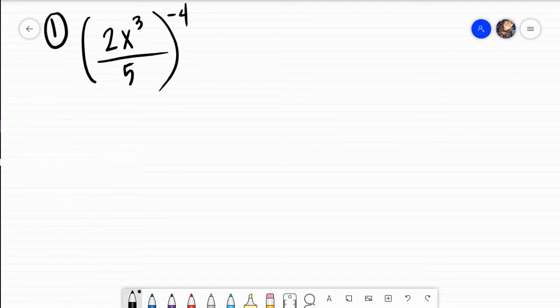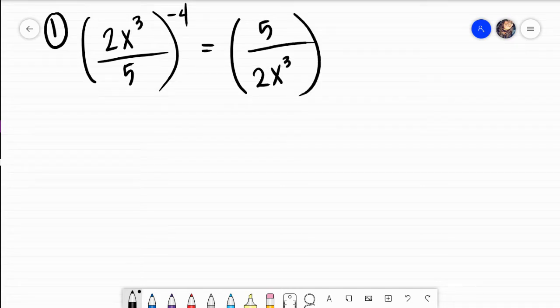Okay, so what we're going to need to do is notice that on the outside of my parentheses, I have a negative exponent. I had told y'all that if you have parentheses and something in a fractional form, what you do is you flip your fraction, and now that changes the sign of that exponent on the outside. Now it's positive.